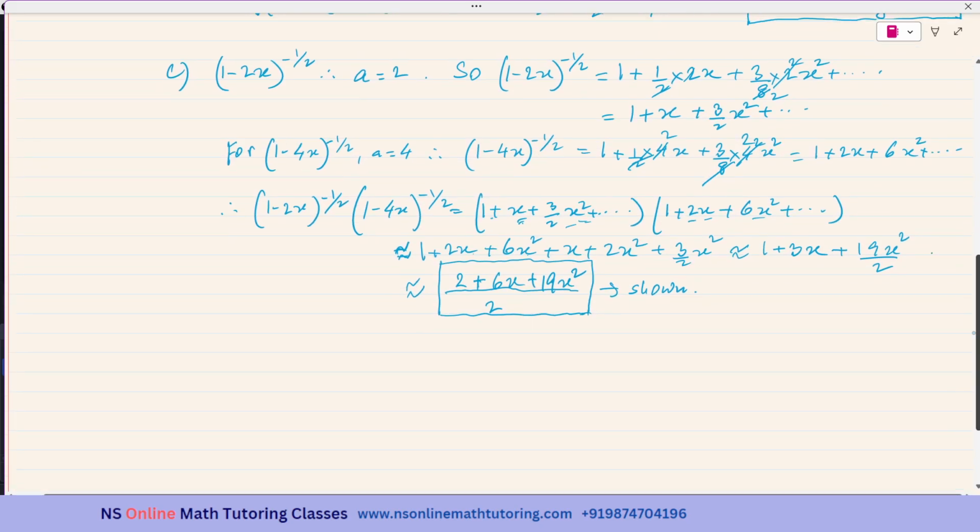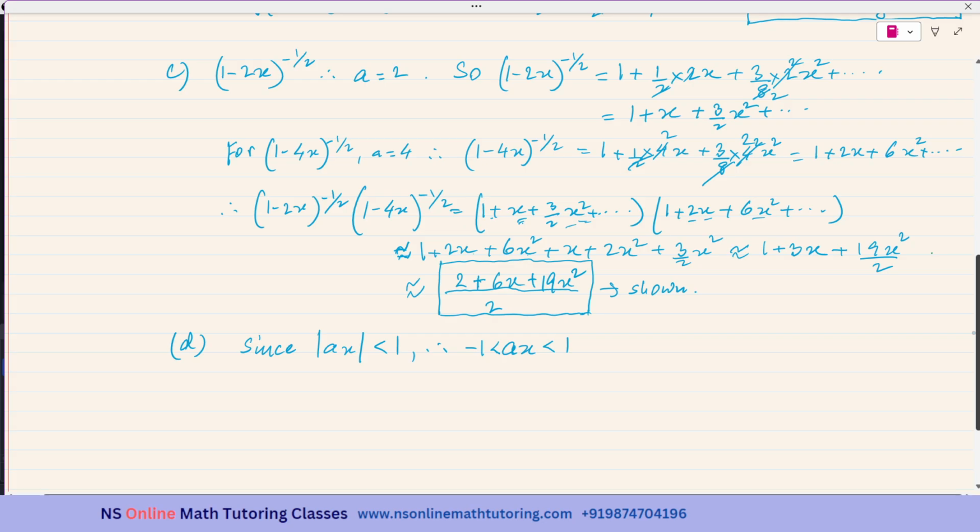Okay. So, since absolute value of ax is less than 1, if you are not comfortable with the absolute value notation, I am just removing that, because I've seen many students getting confused with this notation.